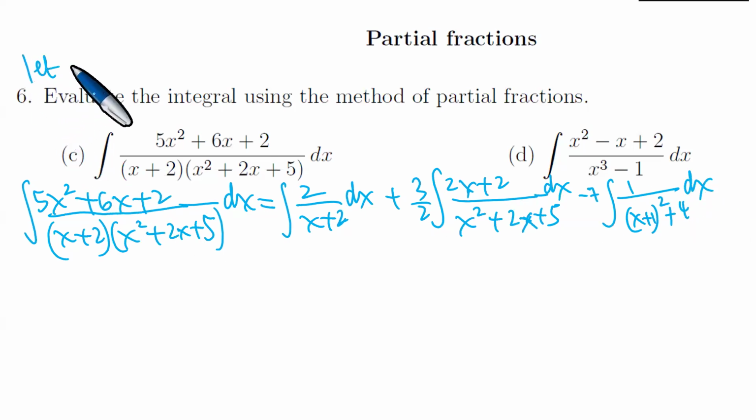Okay, then what you need to do here to integrate this one, you need to let the x plus 1, okay, you must let this thing be tan. But you must make this the square root of 4. And then you put tan theta.